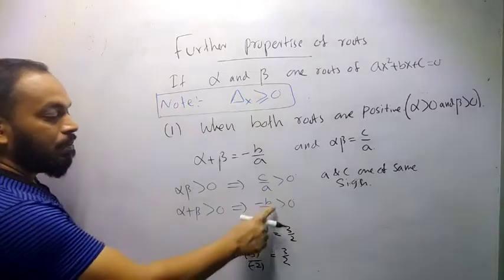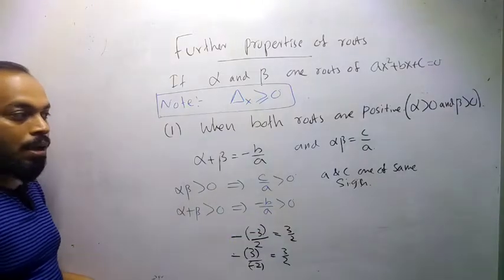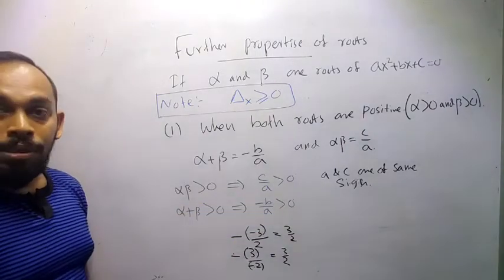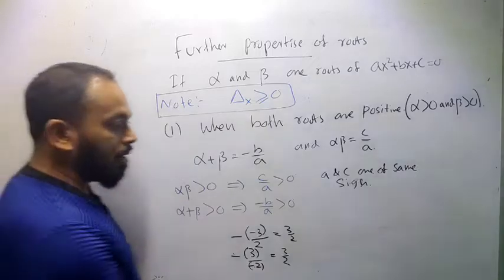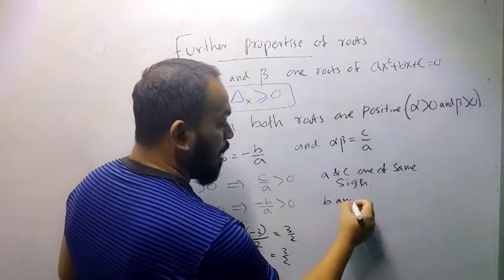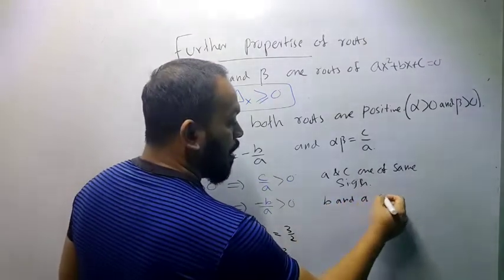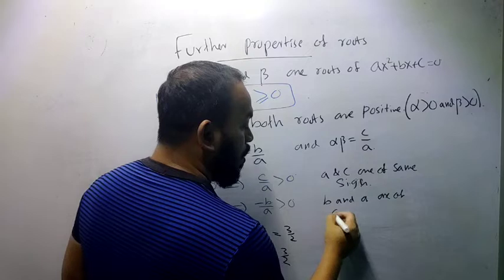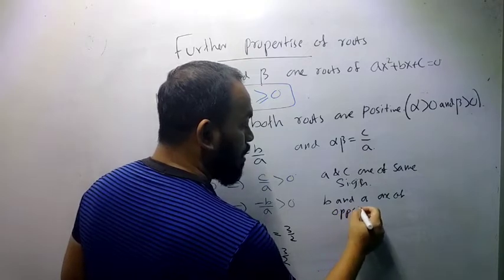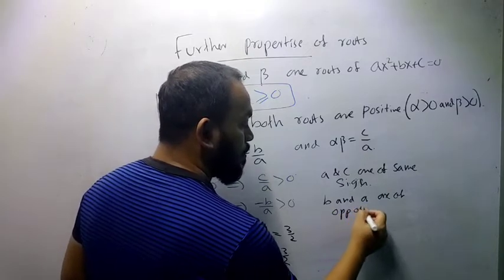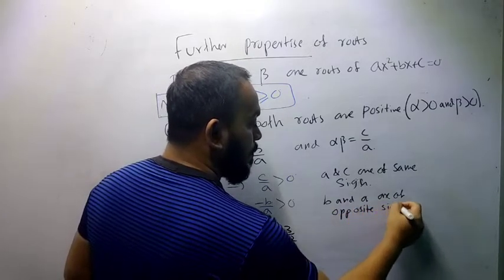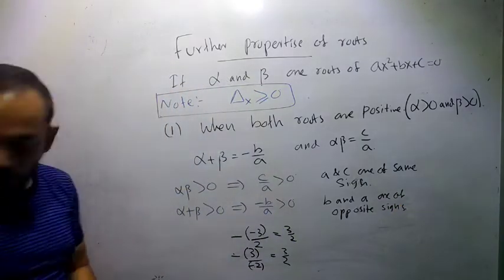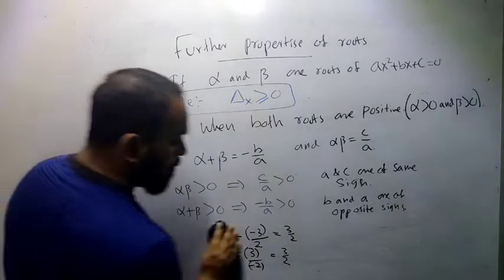You can see B and A are of opposite sign, right? B and A are of opposite signs.